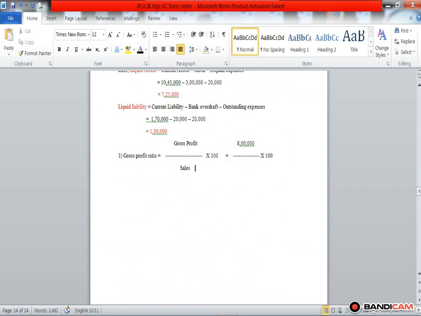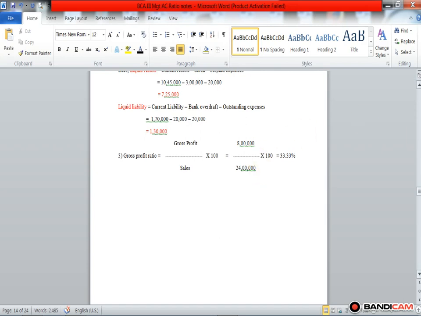So the gross profit percentage is equal to 33.33%. Use a calculator to find the ratio, and we easily get the percentage of the gross profit ratio.